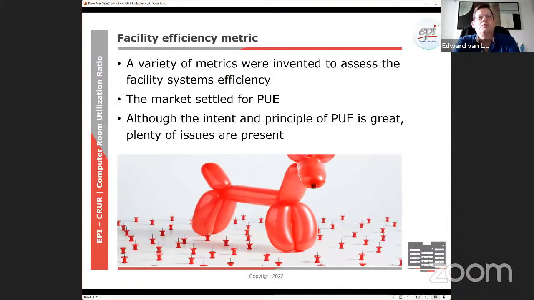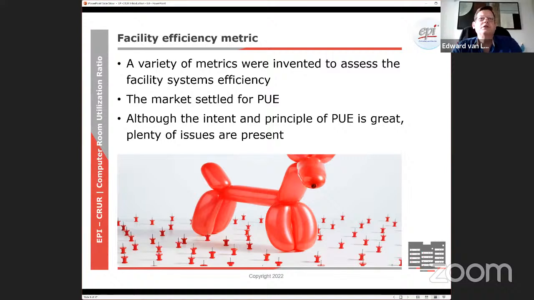At the same time, of course, when the whole drive for sustainability came into the market, there were various organizations that came up with metrics on how to actually measure it. You probably have heard of DCiE and some of the other metrics that were out there. And without doubt, you have heard of PUE, the power utilization effectiveness, and that has pretty much become the winner, so to speak, when we talk about data center facility optimization.